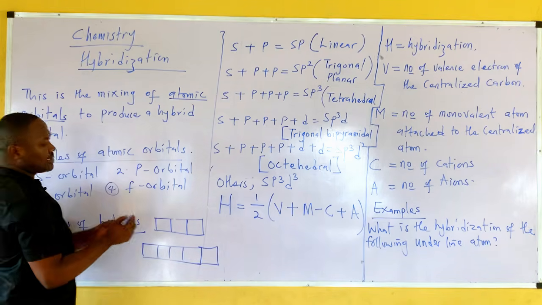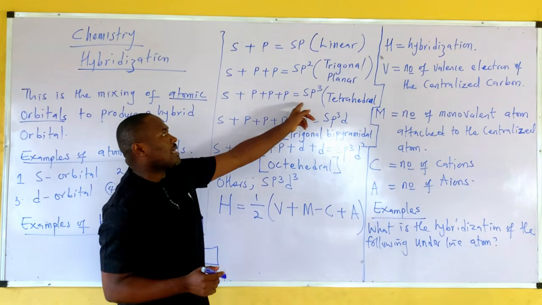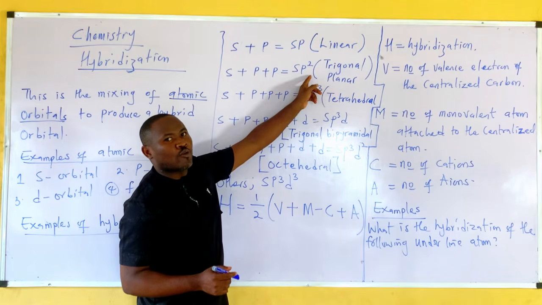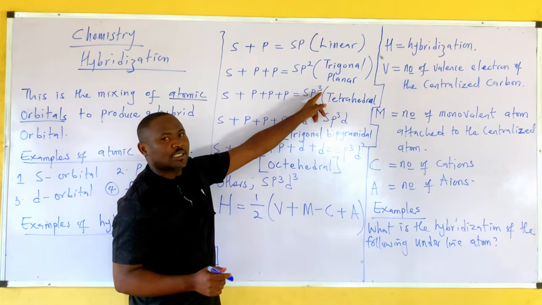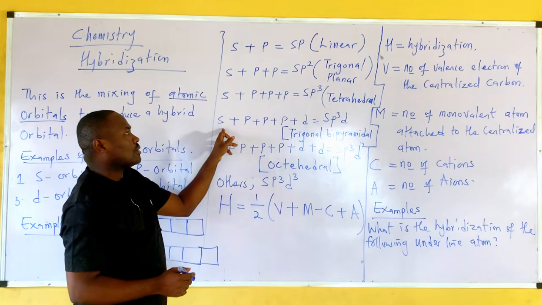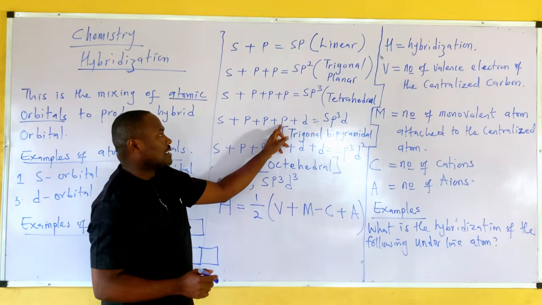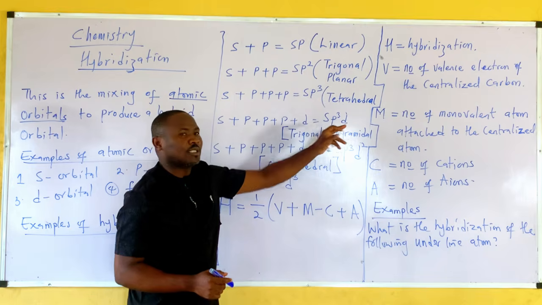There's nothing like sp4, because we have a maximum of 3 p, so we have sp3. Now it becomes sp3d1, so sp3d.